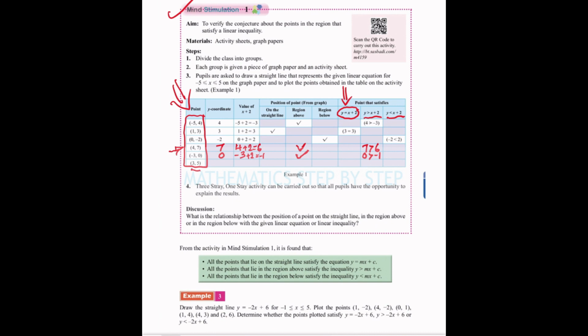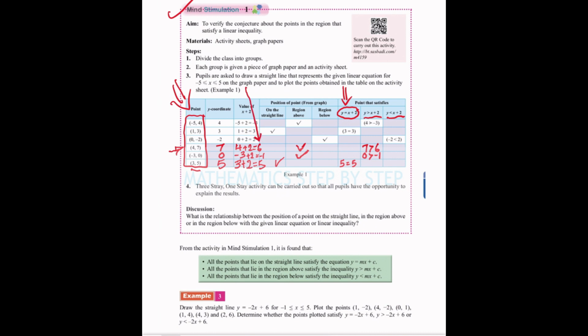The y coordinate is 5. Then x plus 2 equals to 3 plus 2 equals to 5, okay? So we can see that 5 equals to 5. So 3, 5 is actually on the straight line itself, okay? This is how we identify whether the points satisfy which linear inequality, okay?